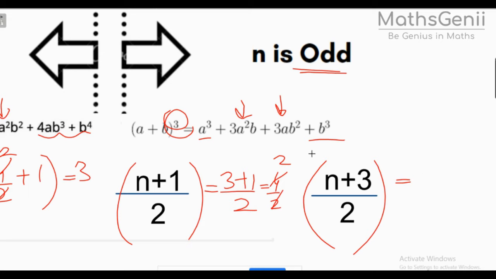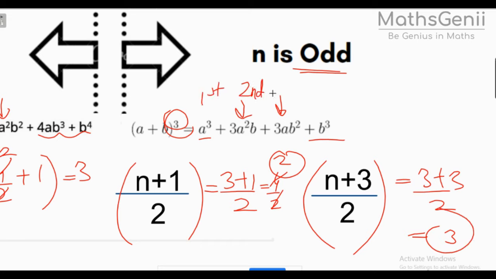And then again, n is 3, so 3 plus 3 is 6, 6 upon 2 is 3. So the second and third term. This is first, second, third, and fourth. So the second and third terms are the middle terms. This is in case of odd. Now if you have something like 101, which is odd, you can easily find the middle terms using this formula.